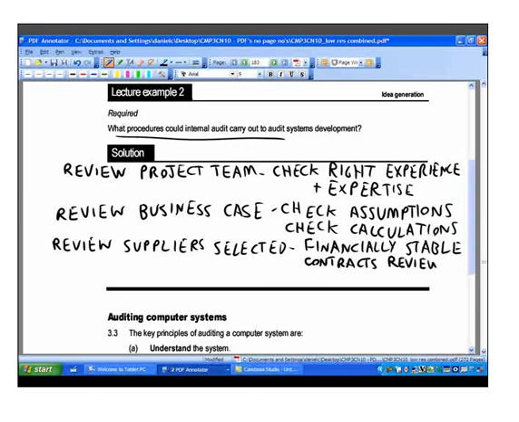They might want to review the progress reports issued by the team. Check that any issues that are arising have been dealt with.